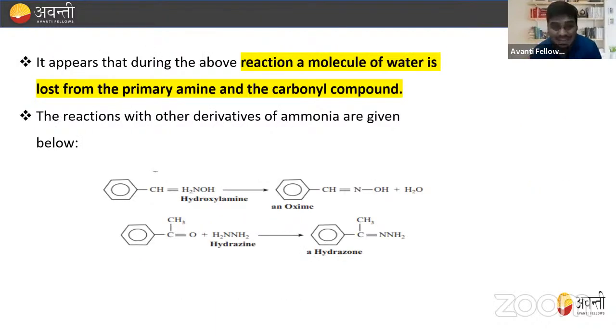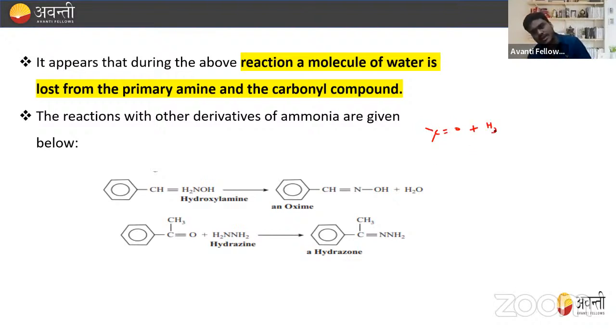Now, it appears that during the above reaction, a molecule of water is lost from the primary amine and the carbonyl compound. So the reactions with other derivatives of ammonia are given, such as hydroxylamine. For such reactions, just remember one useful pattern, right? We have an aldehyde or ketone, it may be anything.